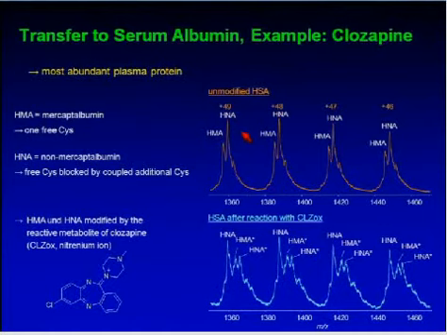And normally you should expect that with compounds which bind only to thiols, you should see adduct formation only with the HMA. On the other hand, if you look at the adduct formation with clozapine, which can be converted electrochemically into the nitrenium ion, then you see that the HMA, so the group with the free thiol, is almost completely converted into the respective protein adduct, while the HNA is also reduced.